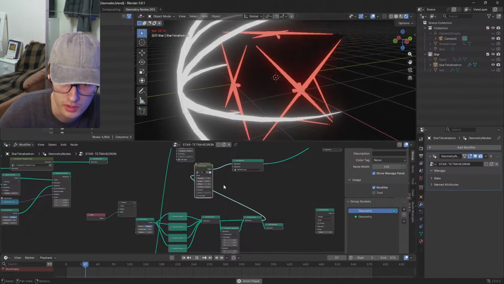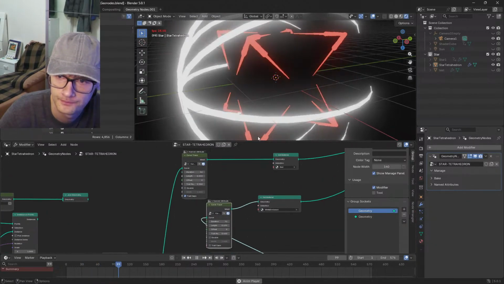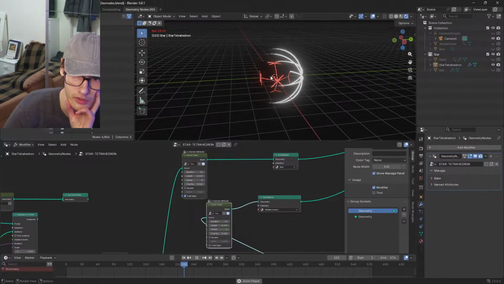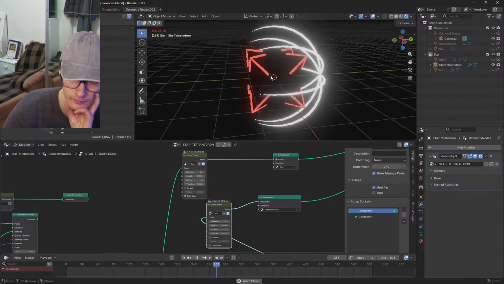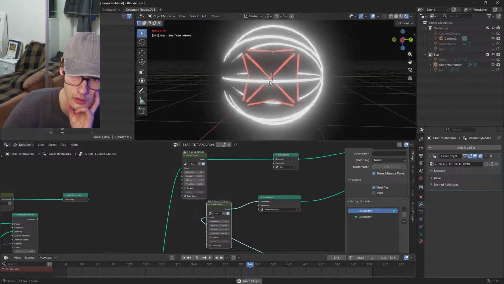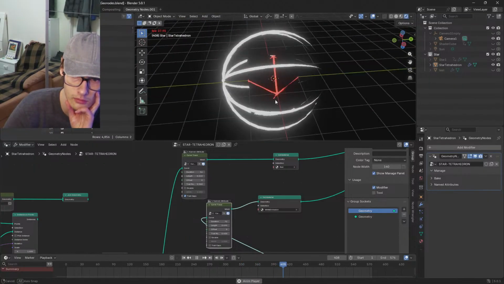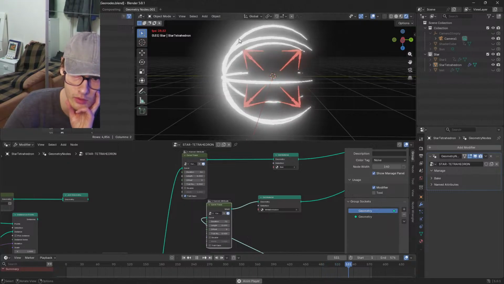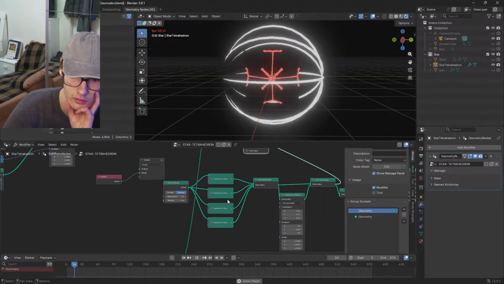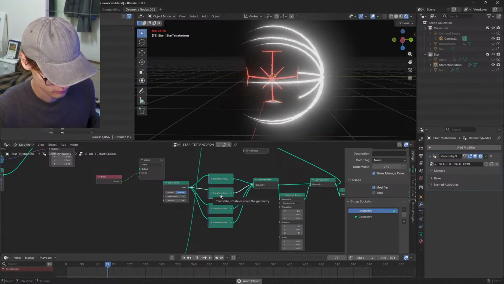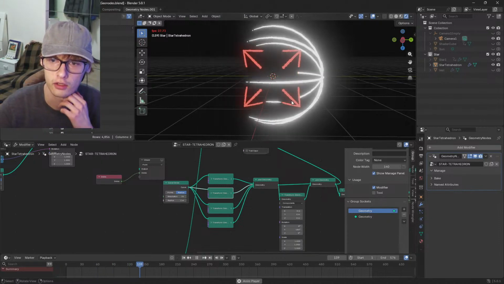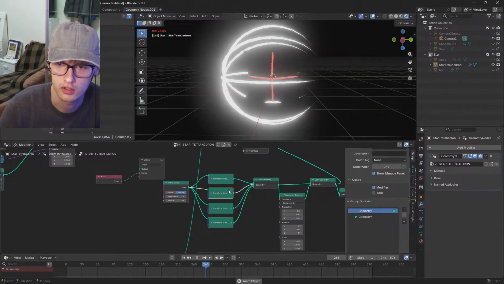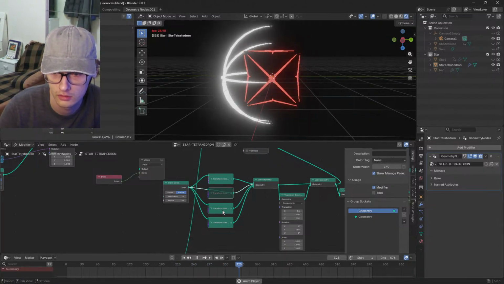I feel like I could do something even more with these circles. Like I don't have any which are going around this diagonal, or the other diagonal. There's so many options here.